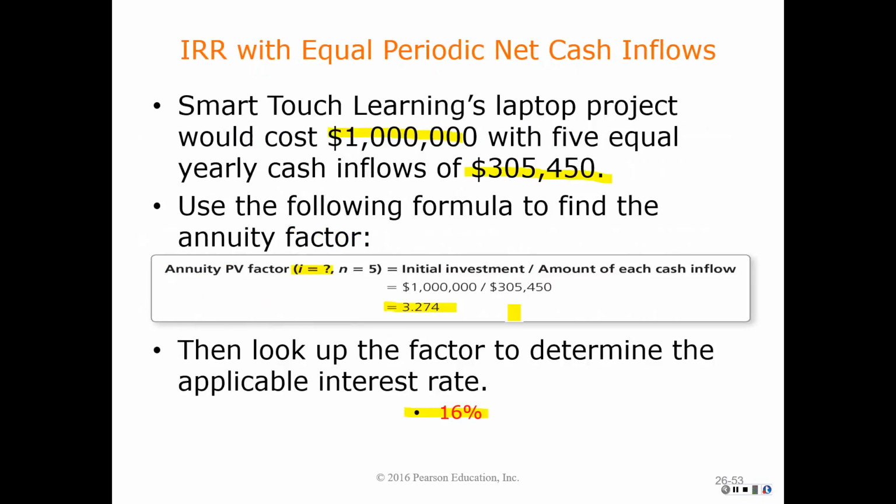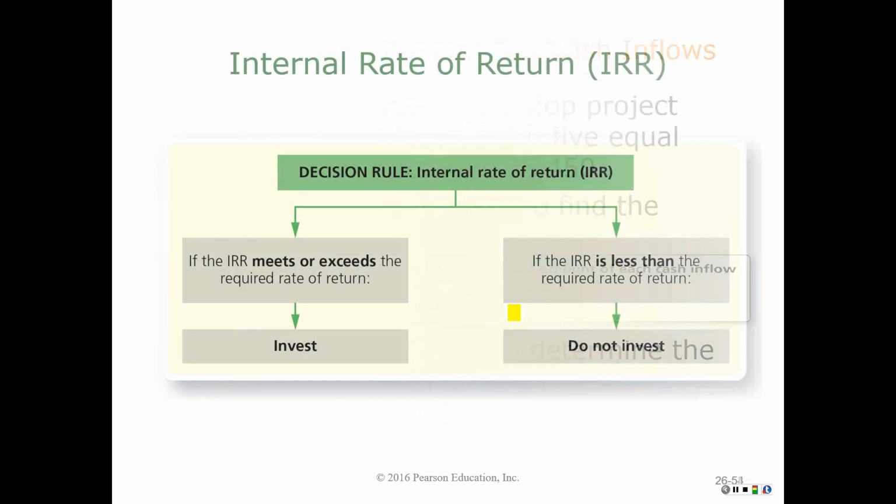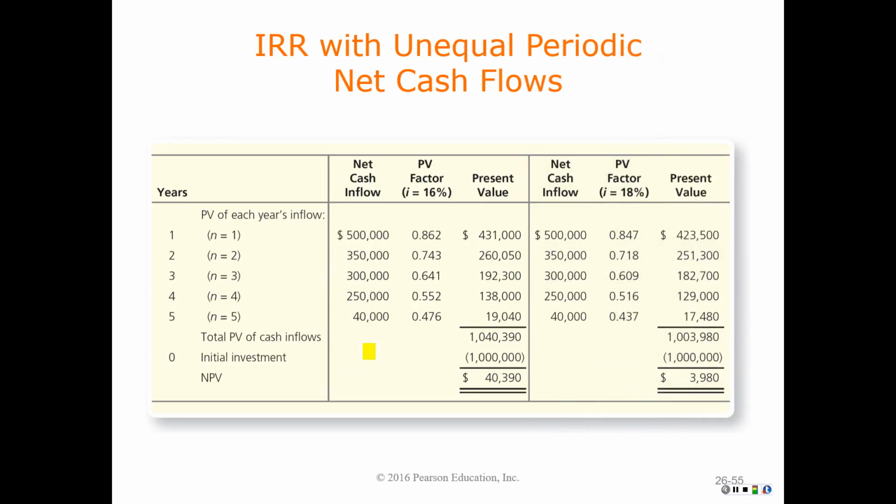So once we figured out that this is 16%, if my minimum rate of return required by my organization was 14%, and we know that 16% will generate zero net present value, then yes, our internal rate of return meets or exceeds what was required, and this would be one of those projects that would make it through our filter or make it through our screen to the next rationing process.